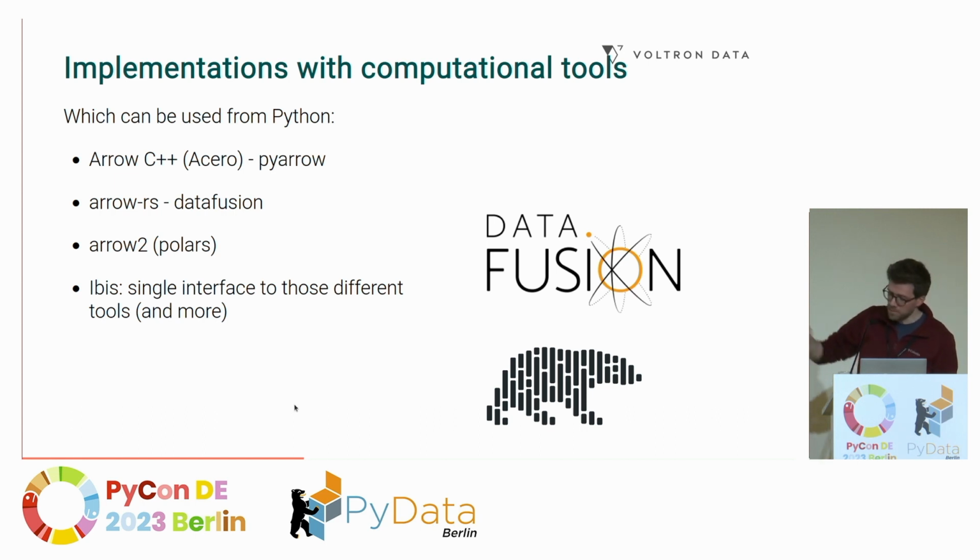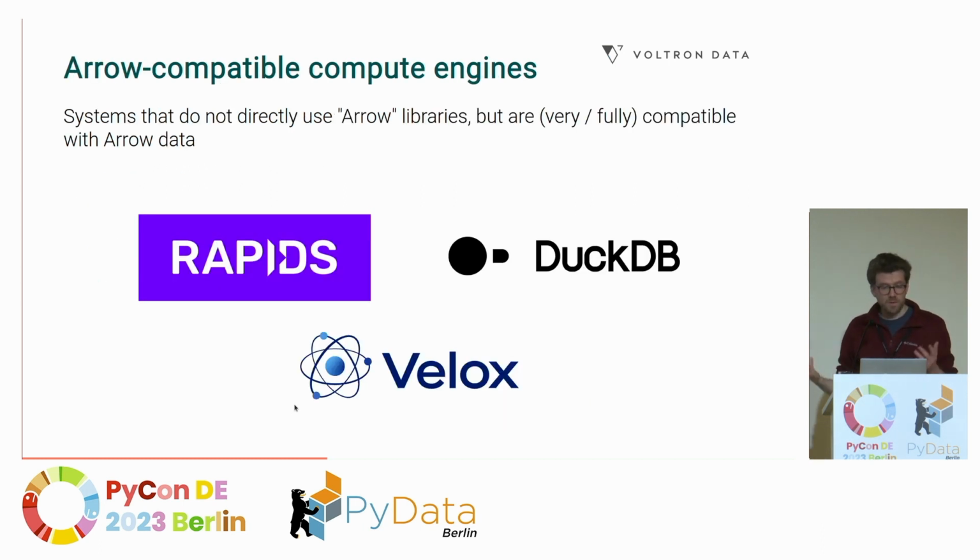Apart from libraries that are really from the Arrow project, there are also various newer computational systems that don't necessarily use Arrow directly, but are fully or partly compatible with Arrow.